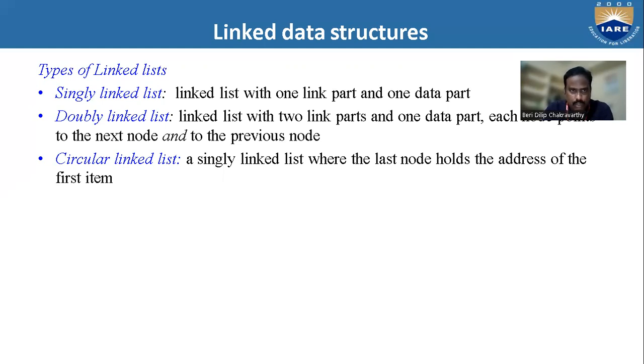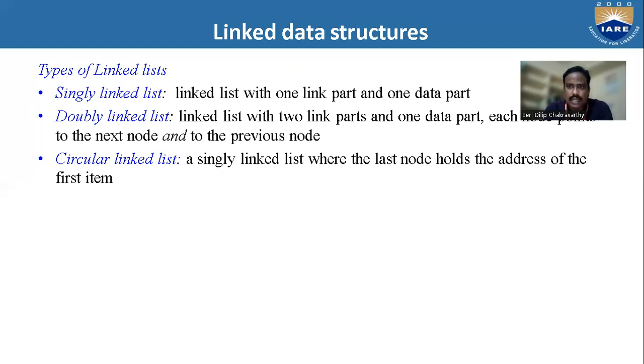In both single linked list and double linked list, if you observe the last node, after that node there are no more nodes. So in the link part of the last node, we place null. It represents that it is the end of the list.